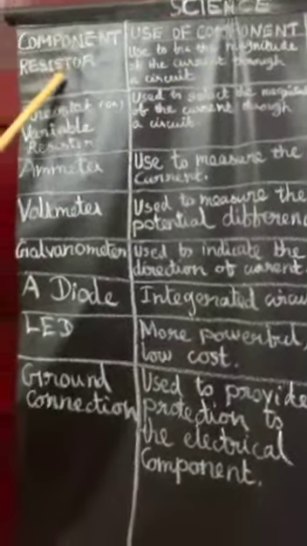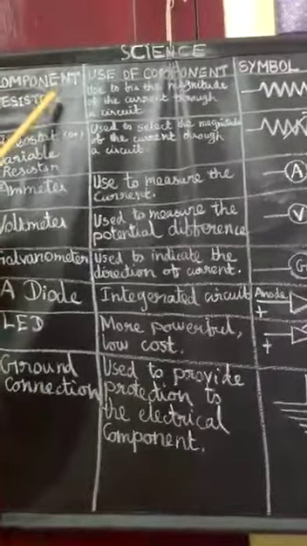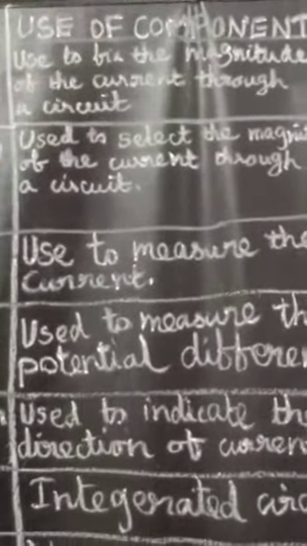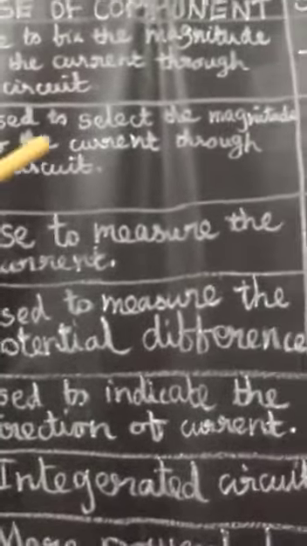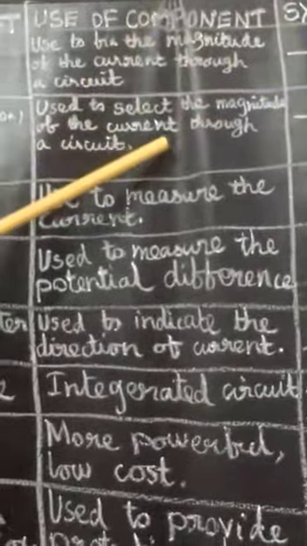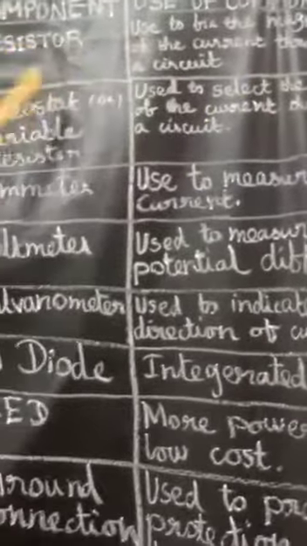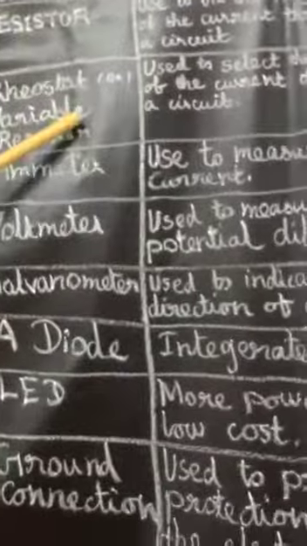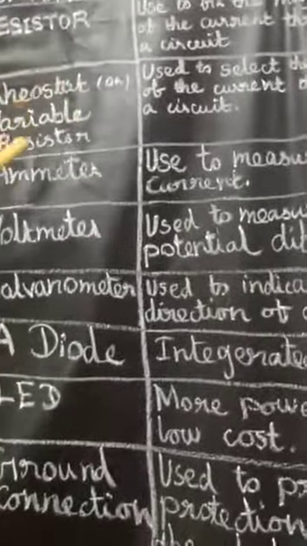First, resistor: it is a fixed value that sets how much current flows through the circuit. It is not a changing quantity. Rheostat is a changing quantity, used to set the amount of current through the circuit, 1 ohm, 2 ohm or 3 ohm, a variable value. Ohm is the unit of resistance.